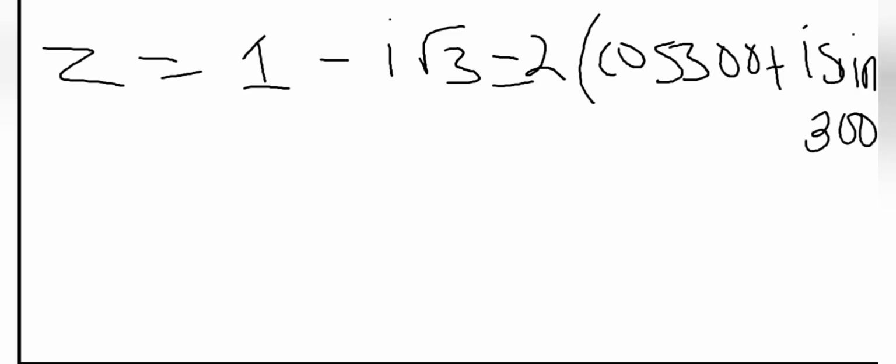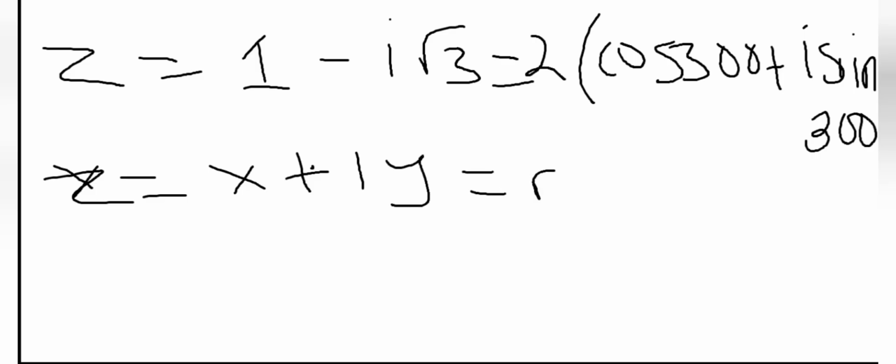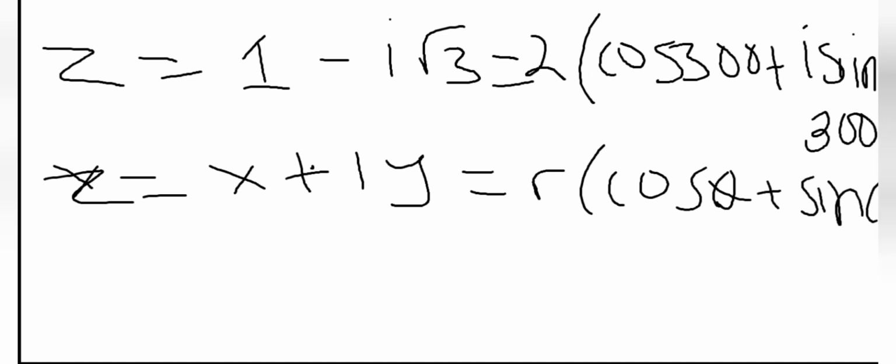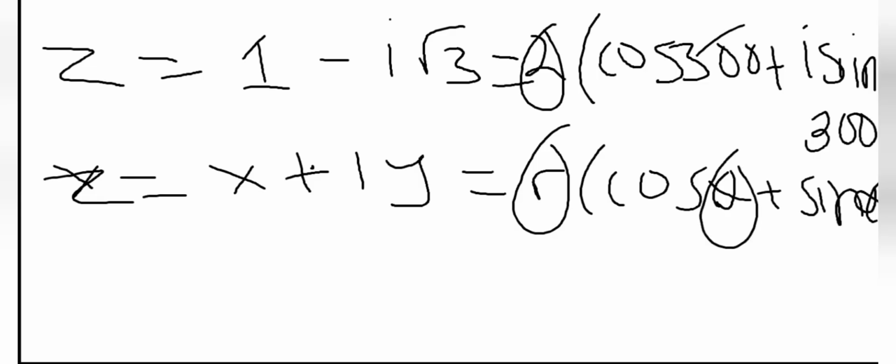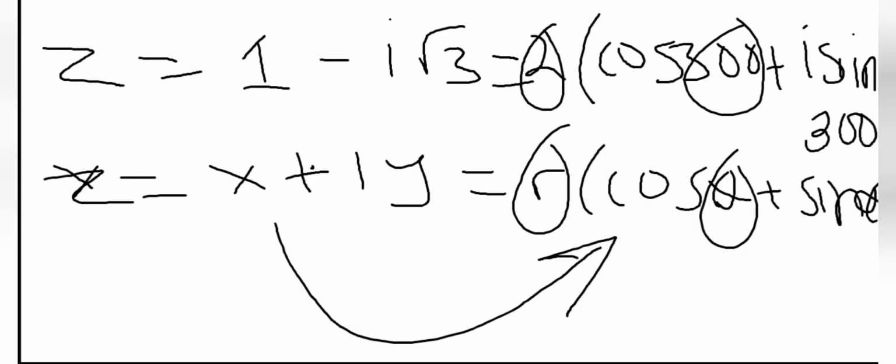So this is the conversion into the polar form. So where we were writing z is equal to x plus iy, we write r cos theta plus i sine theta. So the r here is representing 2 in this case, and the theta is representing 300 in this case. So when we are asked to convert into the polar form, we do it as such.